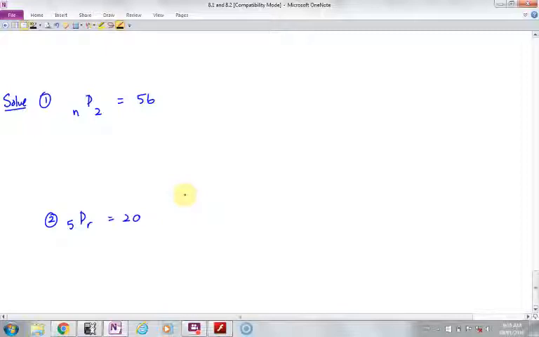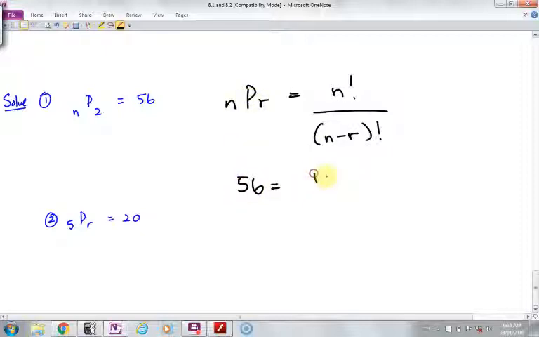So nPr is n factorial over, so how many objects we had to start with, and how many objects we don't want, which is the difference between the ones we do want and the ones we started with. So for us, we have nPr is 56, and down here we have n minus r factorial.